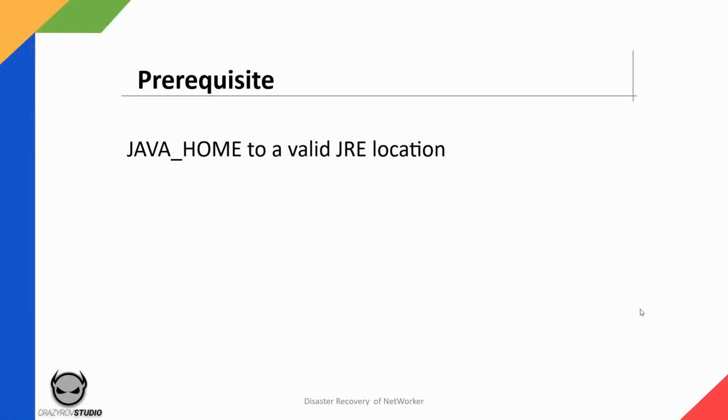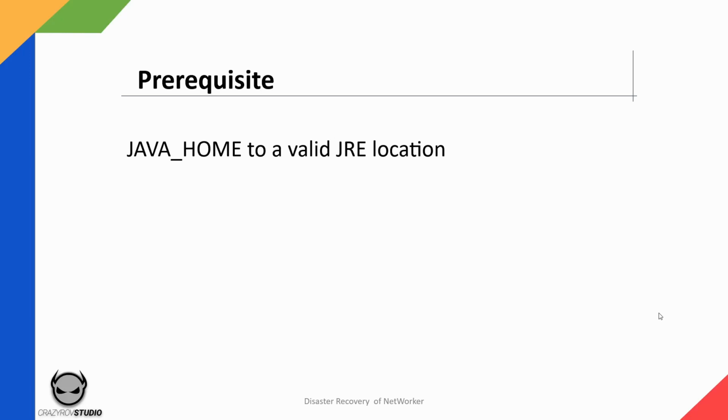Now there is one prerequisite that you have to meet in order to run this command. This is because the gstclreport is Java based, or it has a number of commands within this script which is Java based. So this will need the environment variable JAVA_HOME set to the path of the JRE location.